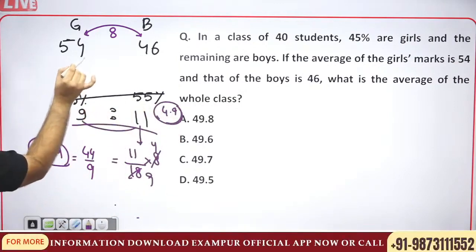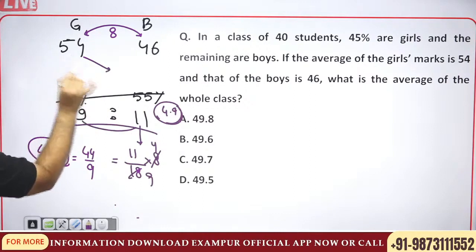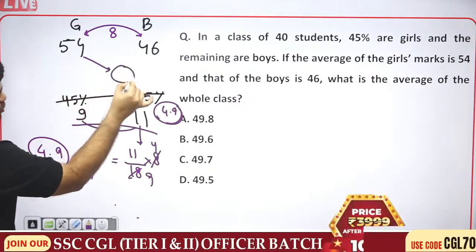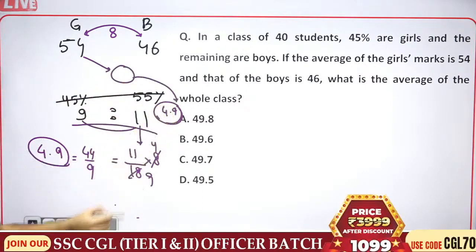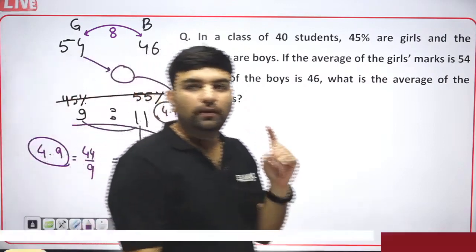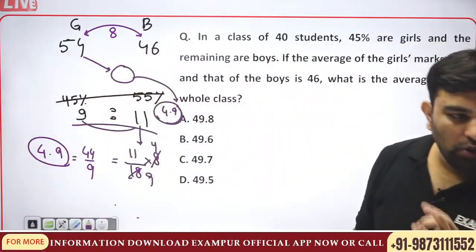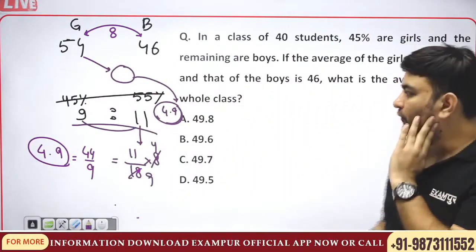Now this is the largest value. Largest value minus the value you are looking for should be equal to 4.9.